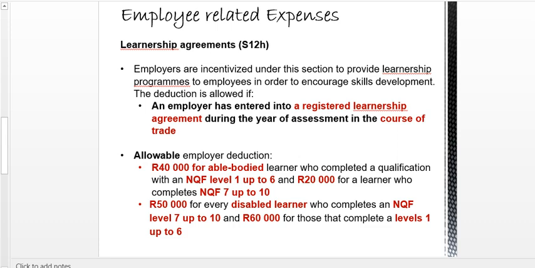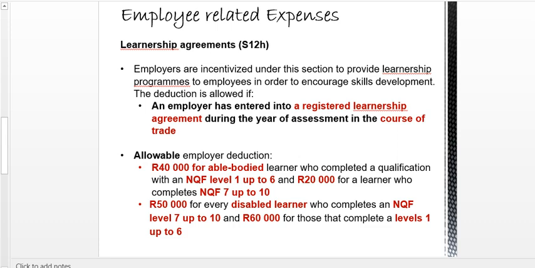So another important specific deduction is learnership agreements. That's in terms of section 12H. Employers are incentivized under this section to provide learnership programs to employees in order to encourage skills development. So this deduction is only allowed if the employer has entered into a registered learnership agreement during the current year of assessment in the course of trade.